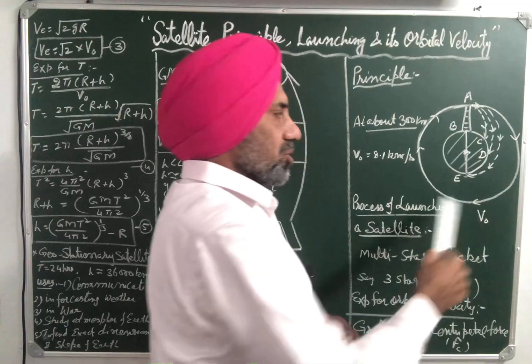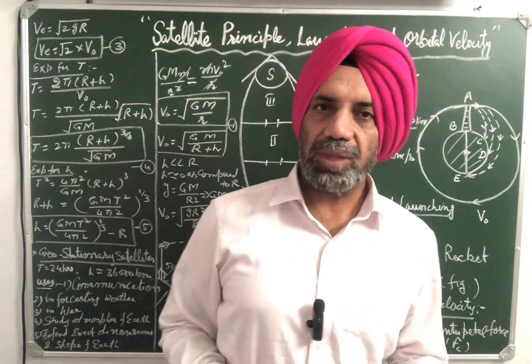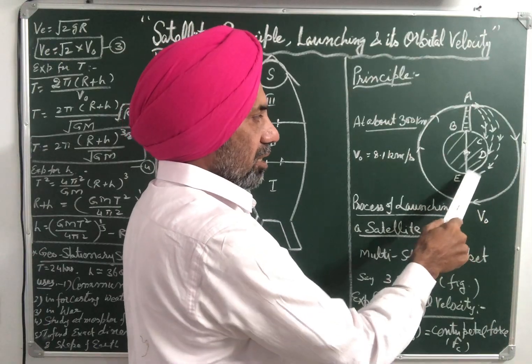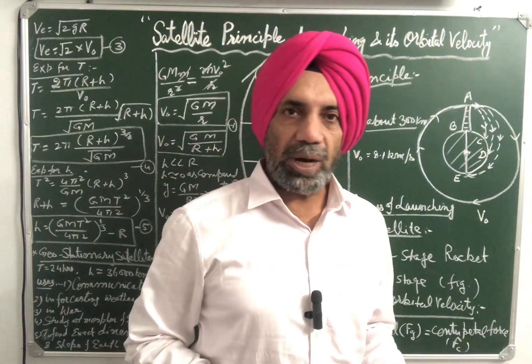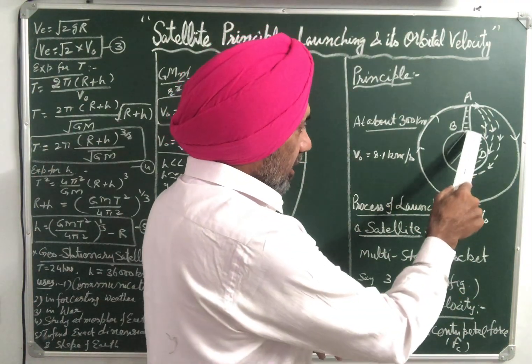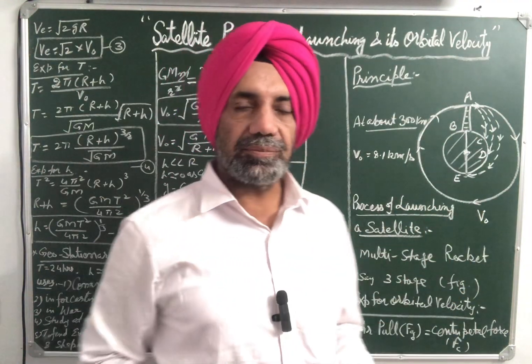And a stage comes, at a particular velocity, when the body strikes at point E, which is just diametrically opposite to the tower AB.